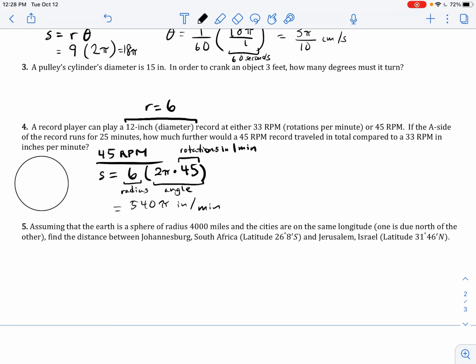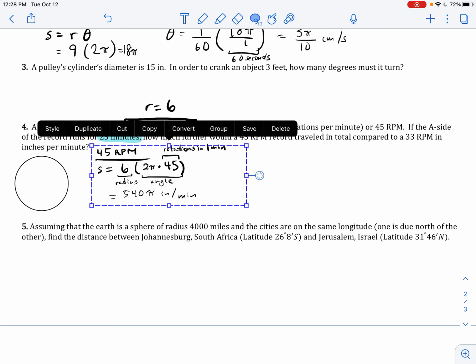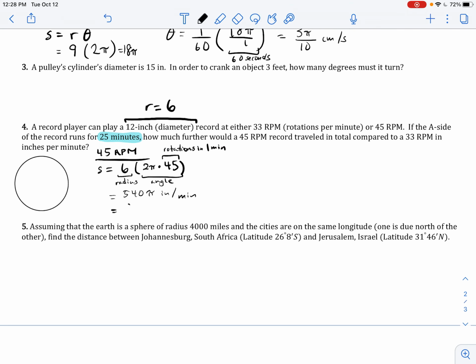Now, we are comparing how much has traveled over the span of 25 minutes. So I'm now going to take this amount. Let me make this a little bit smaller so I have some more space to work with. Now that I have 540 pi inches per minute, I'm going to multiply this by 25 minutes to figure out how much distance has been covered in that time.